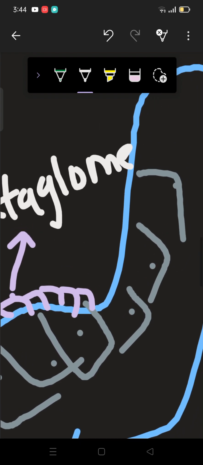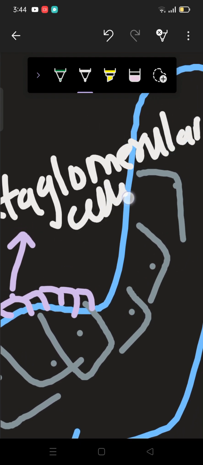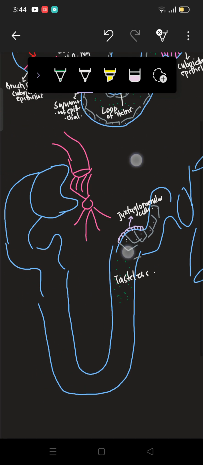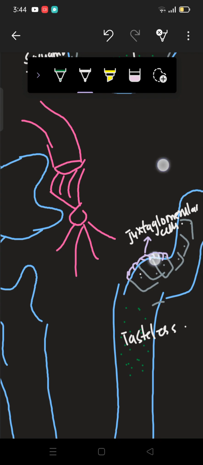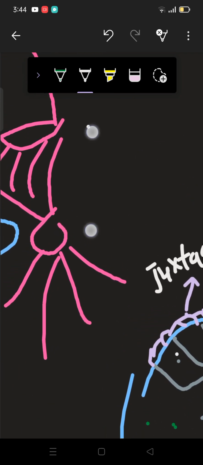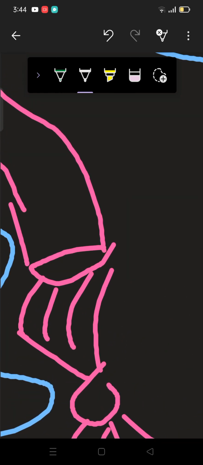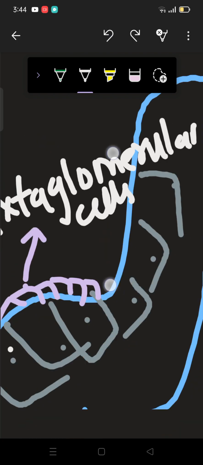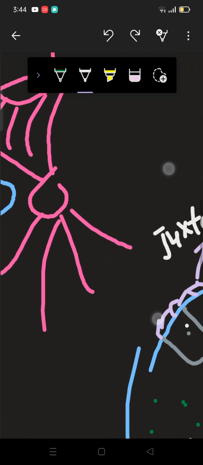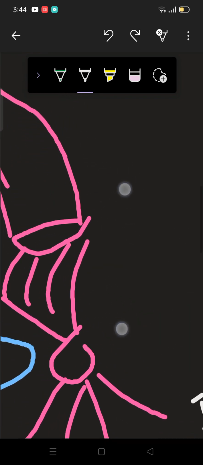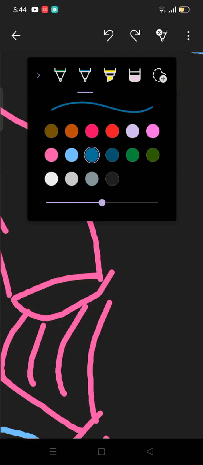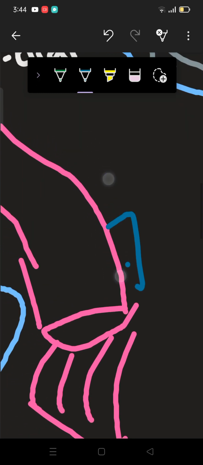Now these juxtaglomerular cells, and here in the artery we know that we have smooth muscles on the efferent arteriole.